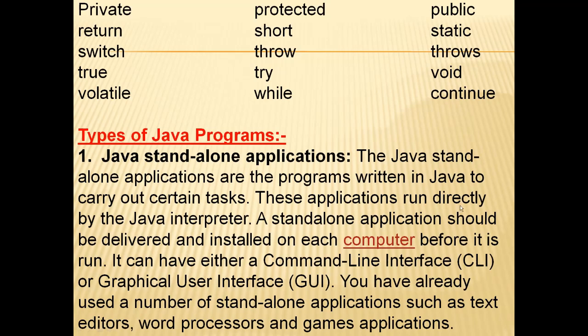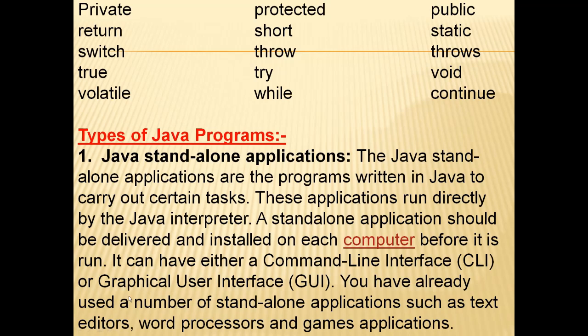These applications run directly by the Java interpreter. A standalone application should be delivered and installed on each computer before it is run. It can have either a command line interface (CLI) or a graphical user interface (GUI).